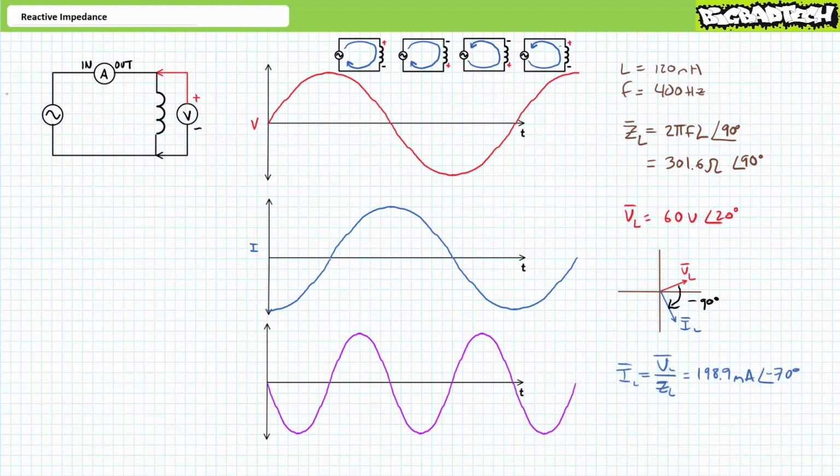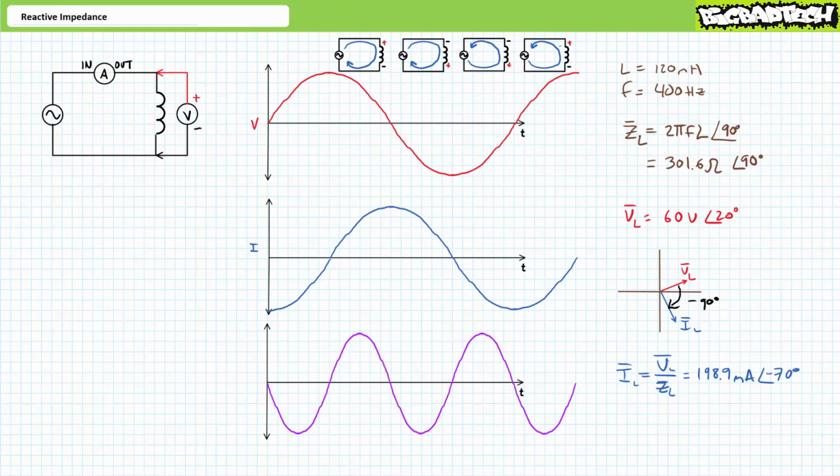An application of AC Ohm's law, solving for current, where current is voltage over impedance, demonstrates we should anticipate this inductor will draw roughly 198.9 milliamperes at an angle of negative 70 degrees, consistent with our expectations. One can use this fact as a means of checking your work. If you get a phase shift between current and voltage of anything other than negative 90 degrees for purely inductive elements, you are doing it wrong.